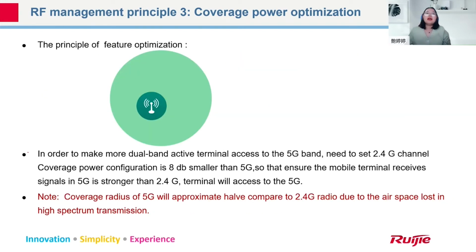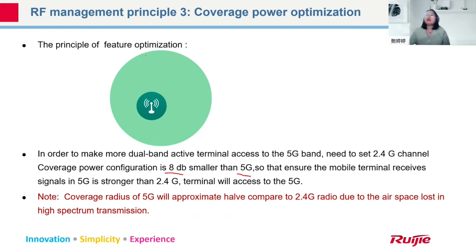Okay. And another point for coverage power optimization: we have to get more dual band active terminals to access 5G. We have to set the 2.4G channel coverage power configuration 8 dB smaller than 5G.